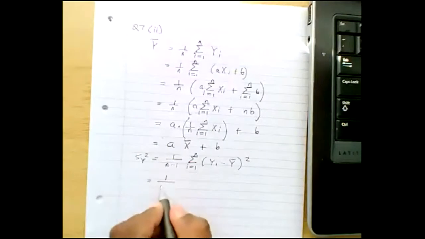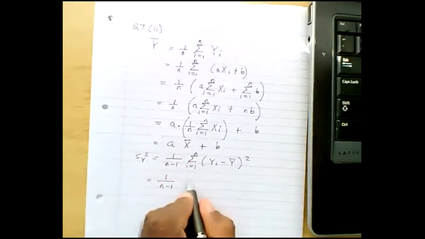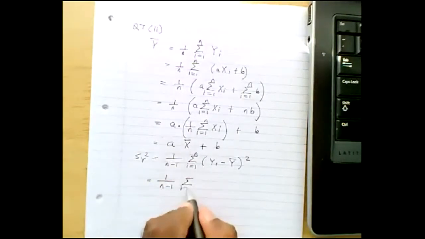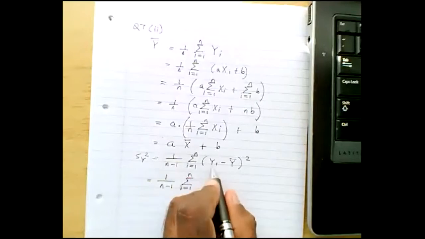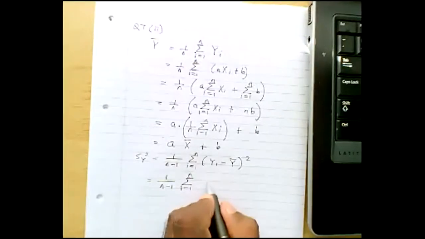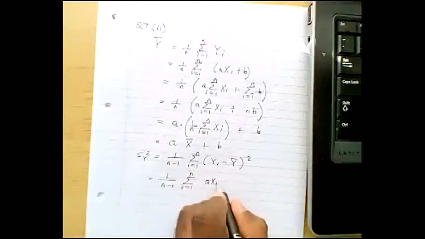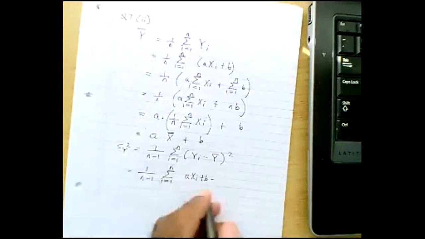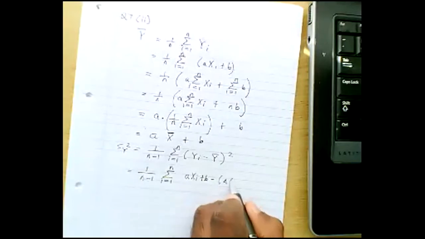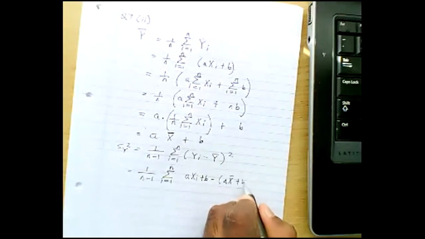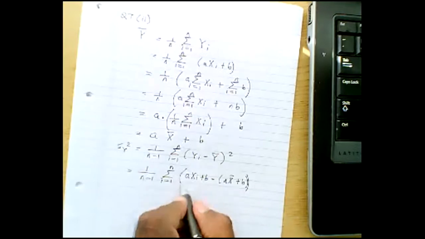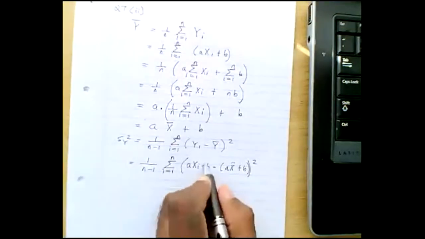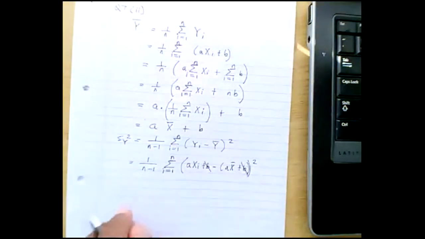Now, yi we know is axi plus b, right? And y bar, we just proved that y bar is equal to ax bar plus b, all right? So these two guys cancel out, okay?